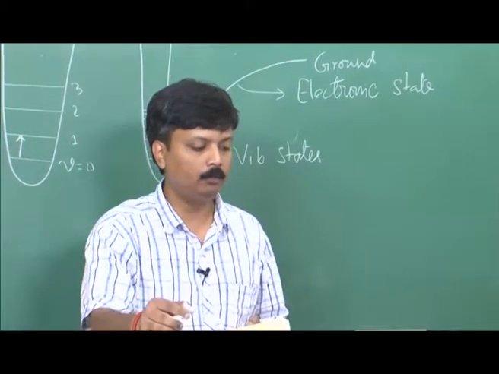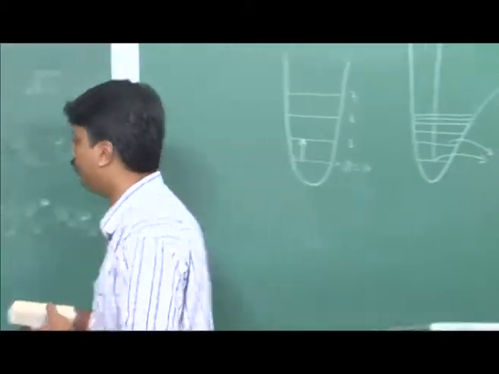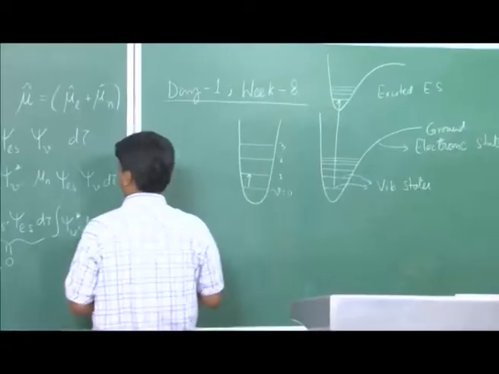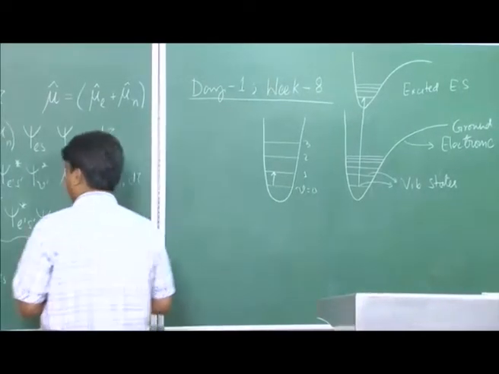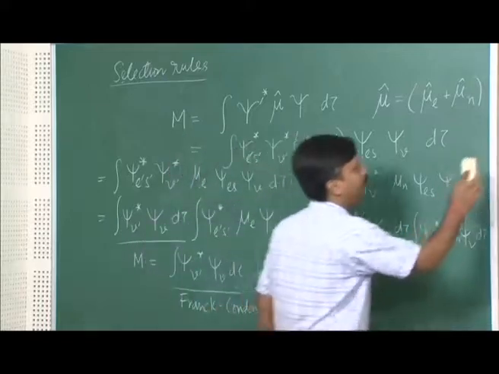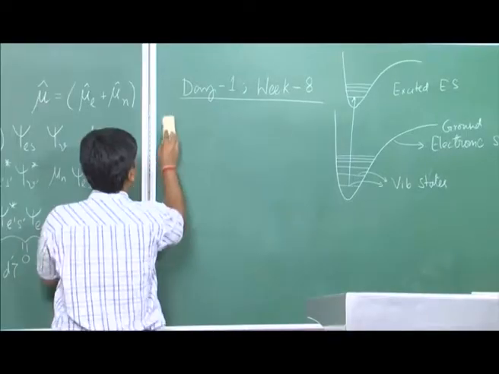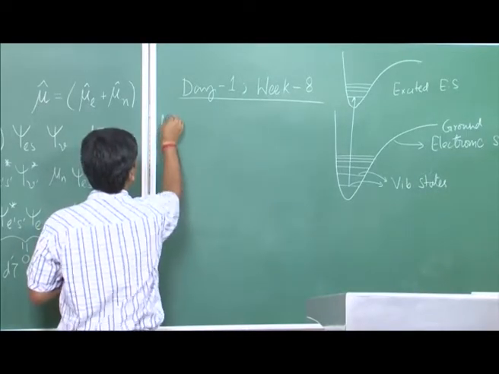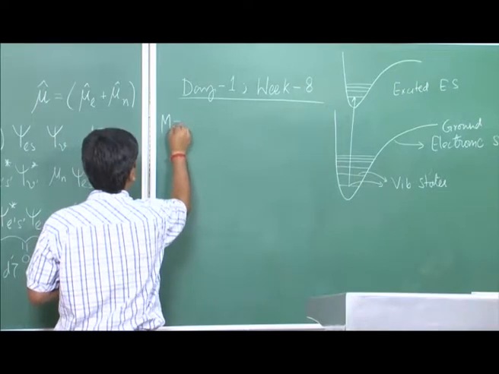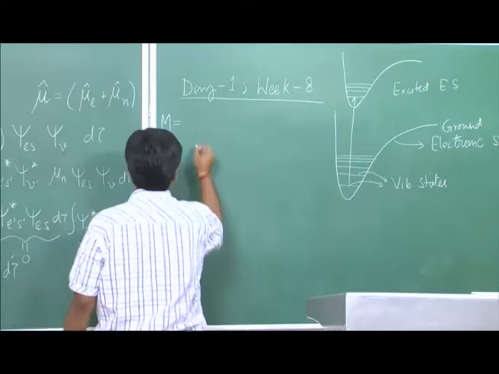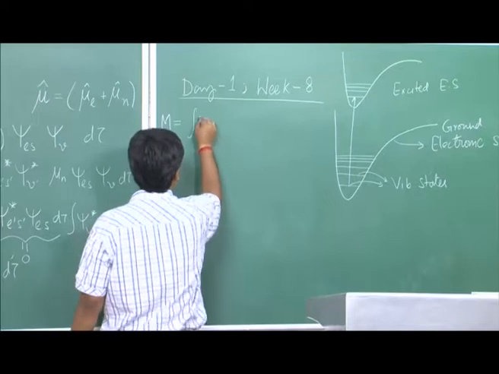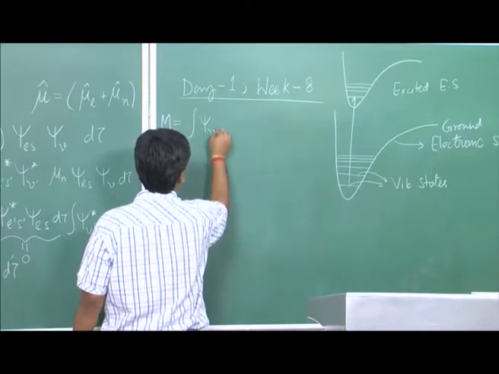So at last, when I consider electronic motion and the spin part separately, then I have psi v prime psi v d tau, multiplied by psi e prime mu e psi e d tau, multiplied by psi s prime and psi s d tau.